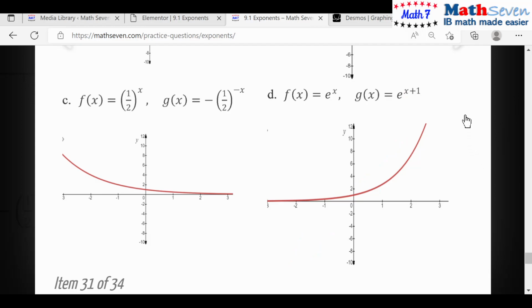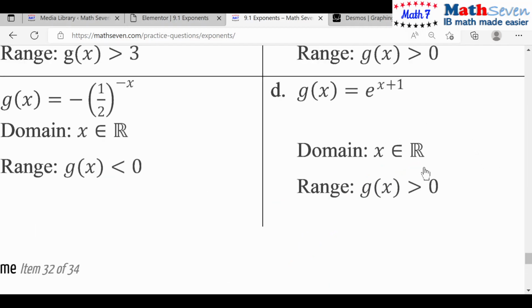Okay, let's take a look at the mark scheme. Look at the mark scheme here, I'll make it smaller for you.